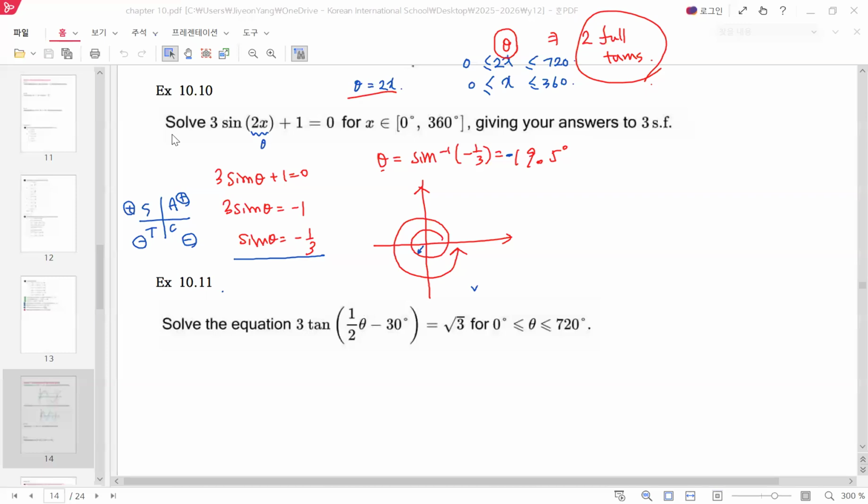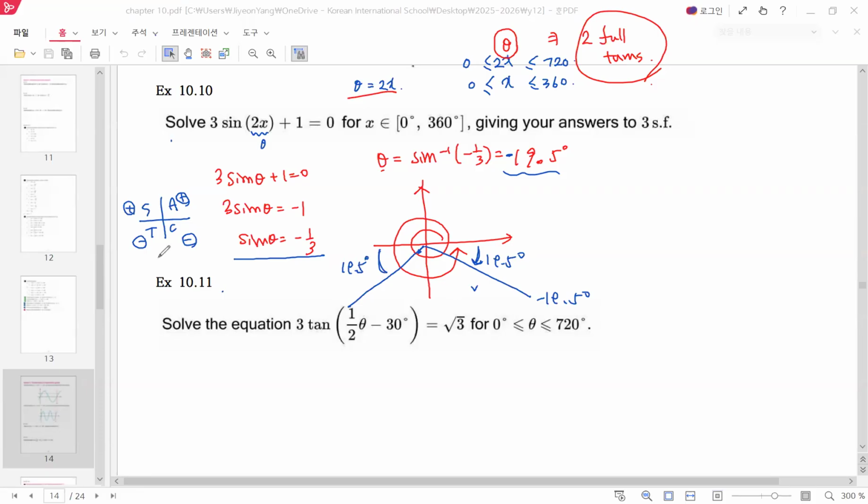So firstly, let's draw a line. 19.5 degrees. It means that this angle size is 19.5 degrees. The angle in the third quadrant, this one, right? 19.5 degrees.